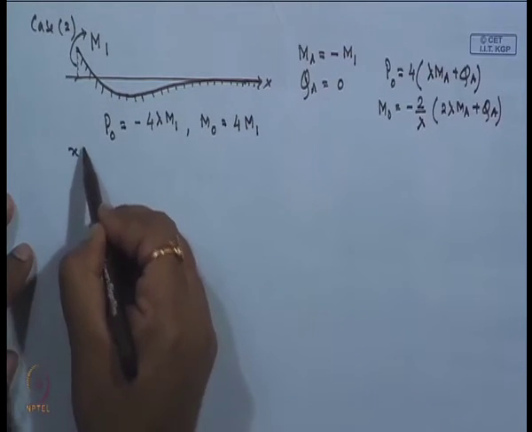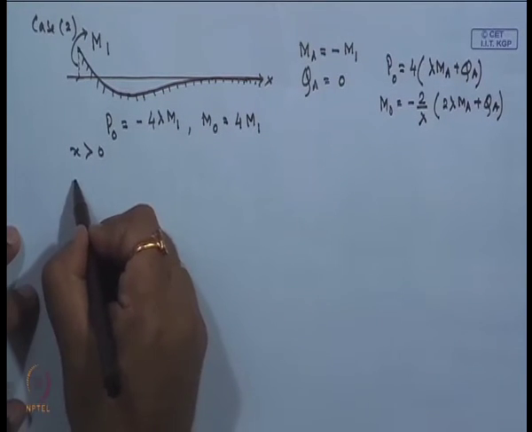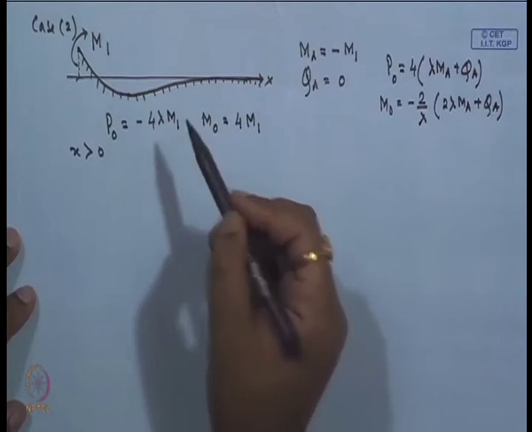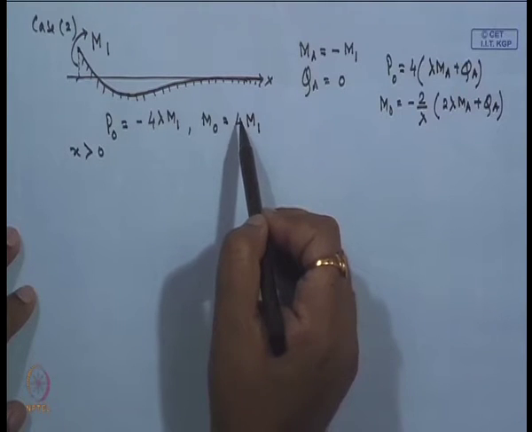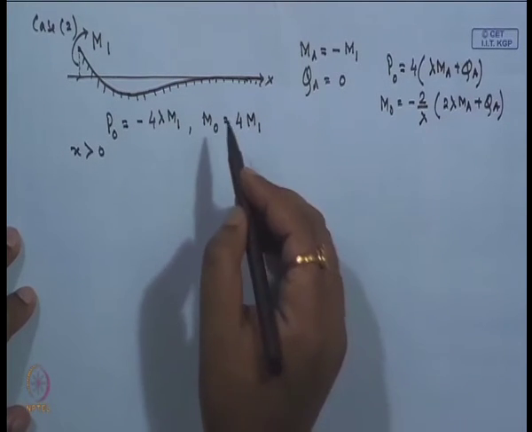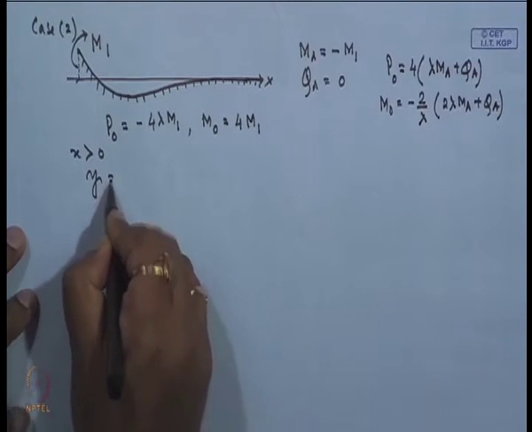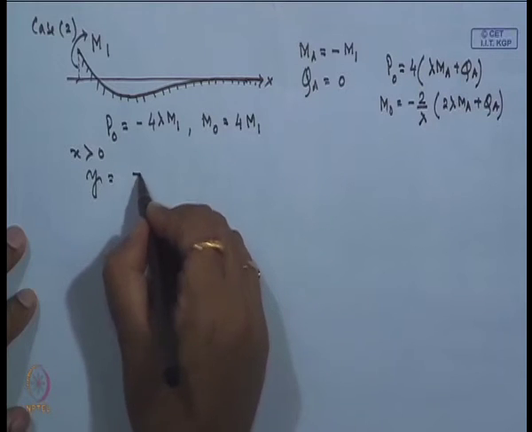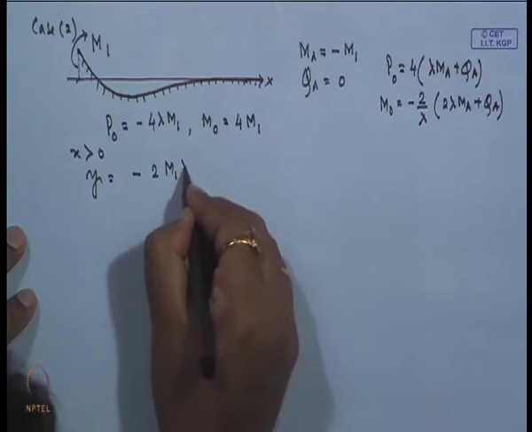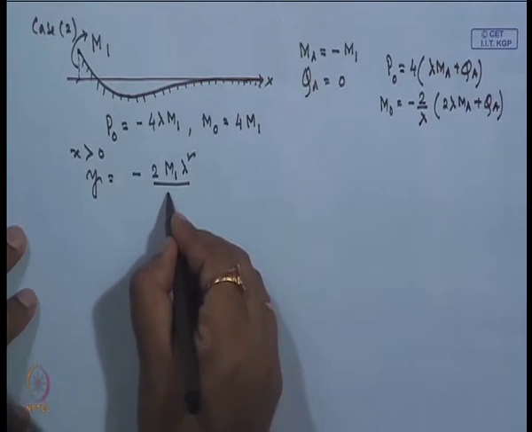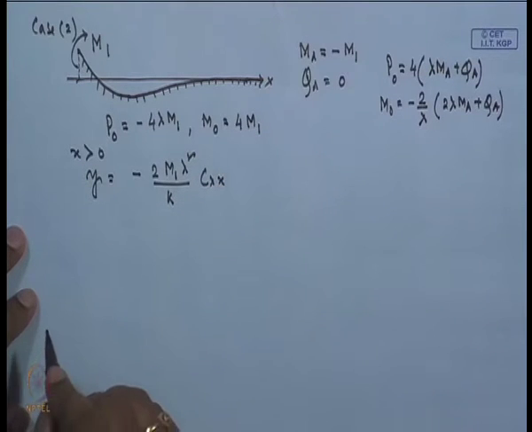So, for x greater than or equal to 0, again if we add the contribution of the concentrated load and concentrated moment and simplify like the previous case, then we will get the final form of the deflection in this particular case 2, that is 2 M 1 lambda square by k into C lambda x.